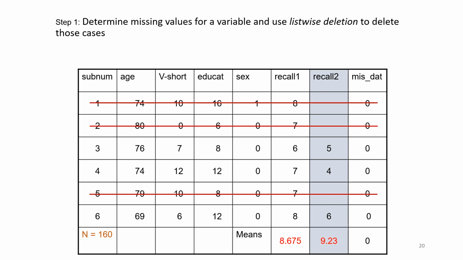That would reduce the sample size, but it gives me a data set that can be analyzed using multiple regression. In SPSS and most other statistical programs, you cannot analyze any cases that have missing data. So we have to create this complete cases data set.